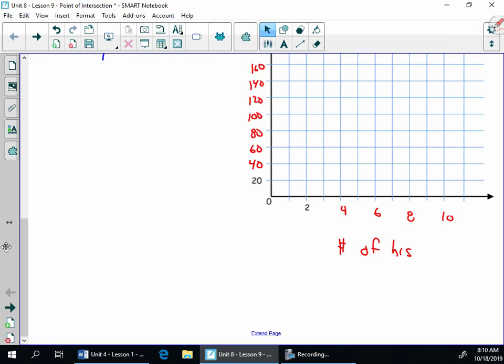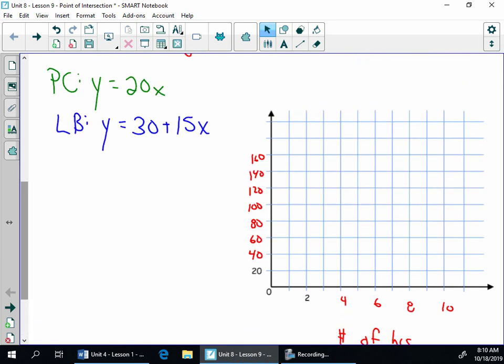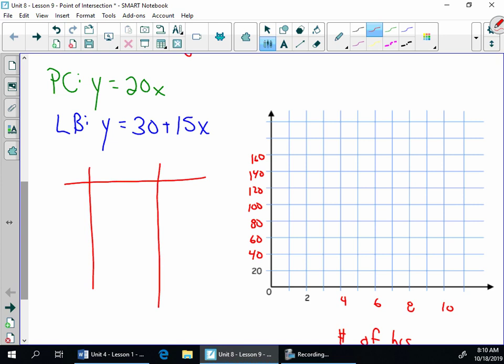Okay. Easiest way to make a graph is to make a quick table. So let's do that. I'm going to kind of cheat here because we're doing two companies at once. Let's do this. Number of hours. And then we'll have Plum Crazy and their cost. And we'll have Leaky Business and their cost.